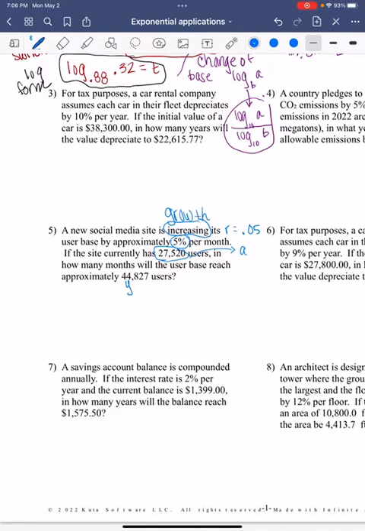So 44,827 is equal to A, which is 27,520, times 1 plus R, which is 0.05, to the T. Divide both sides by 27,520.